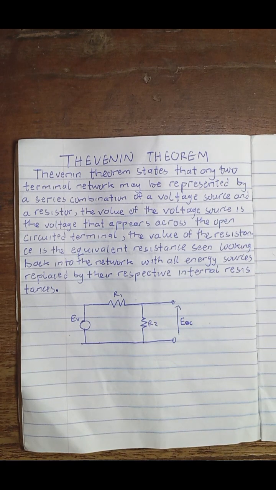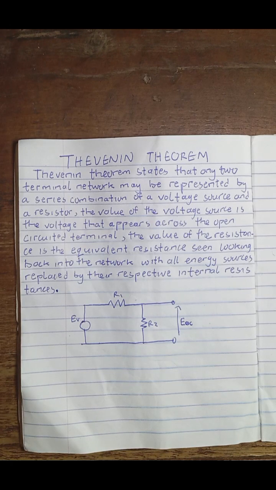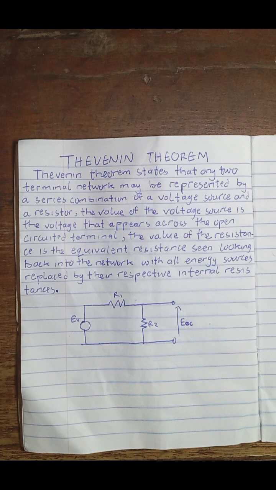Thevenin theorem states that any two-terminal linear network may be represented by a series combination of a voltage source and a resistor. The value of the voltage source is the voltage that appears across the open circuited terminal.